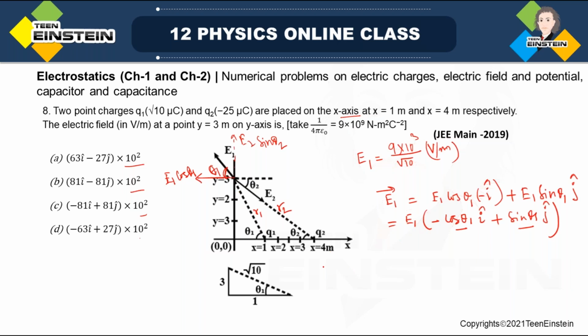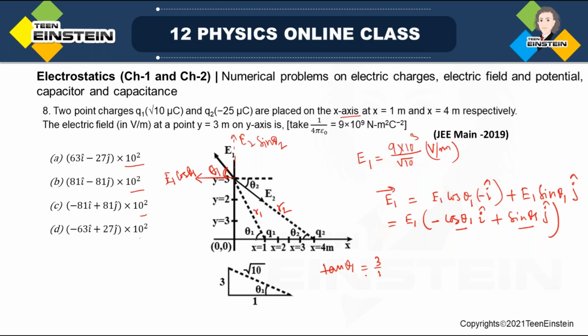You can just think, what is tan theta 1 here from this particular triangle? So tan theta 1 will be perpendicular by base. What is perpendicular in this case? This is perpendicular, this is base. So 3 by 1.